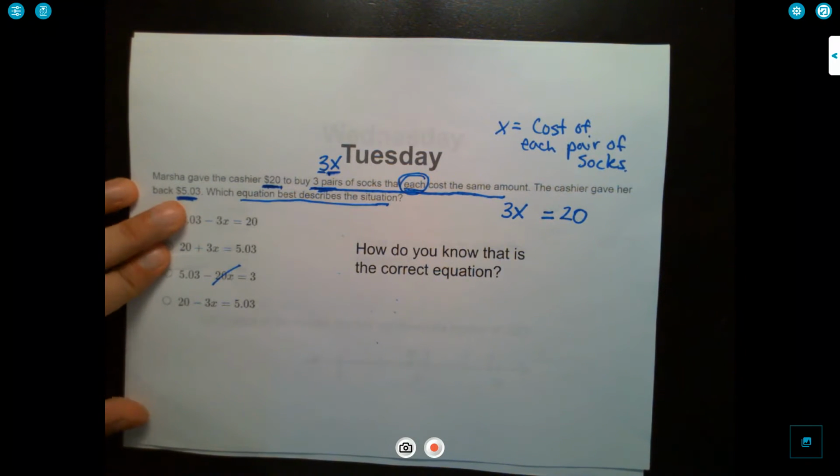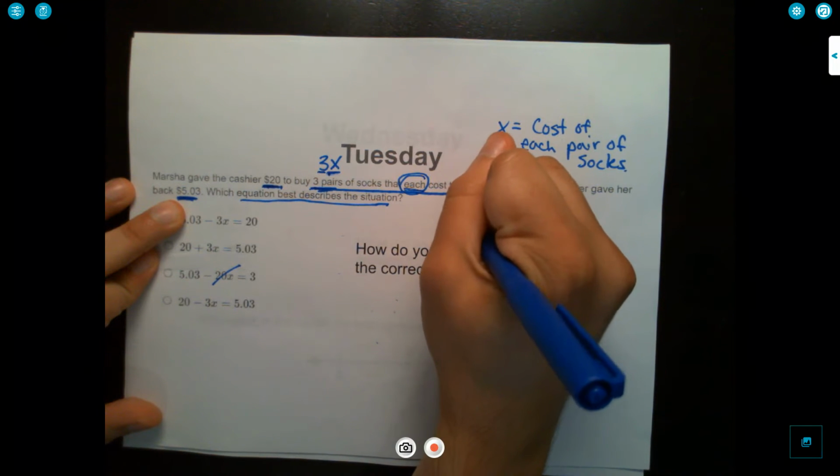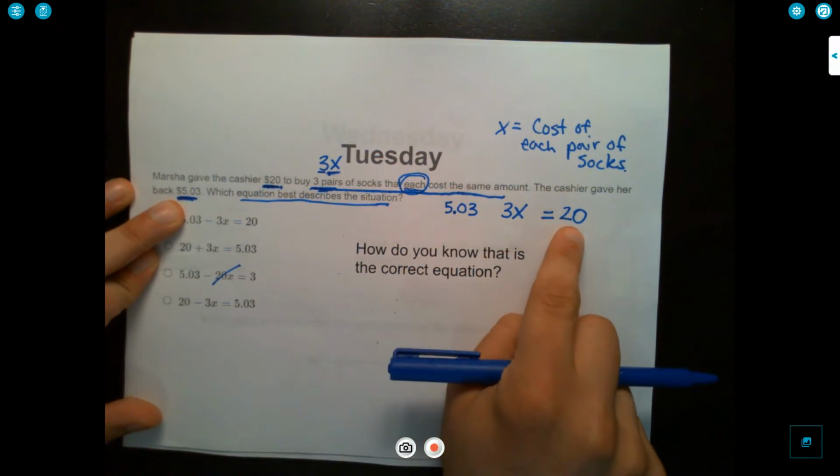And the cashier gave her back $5.03. So if she got back $5.03, I'm going to go ahead and set that up as $5.03 because we know that this is going to be the difference to $20 that she got back.